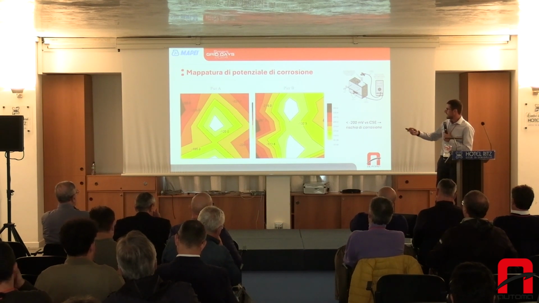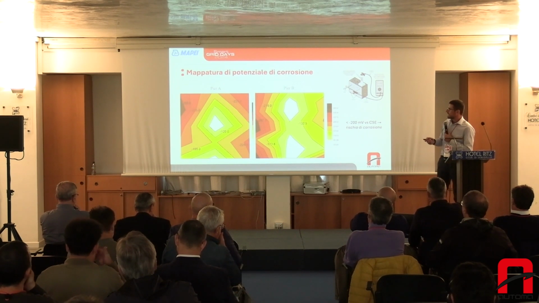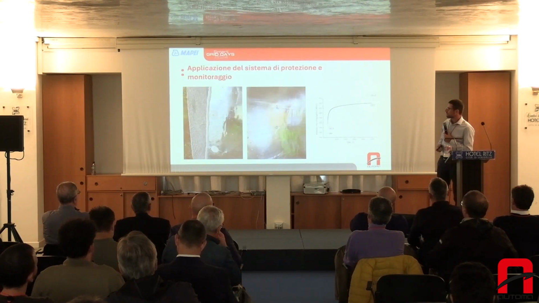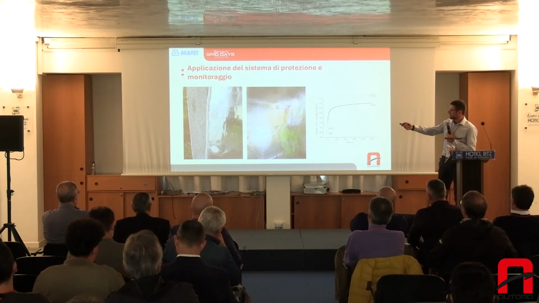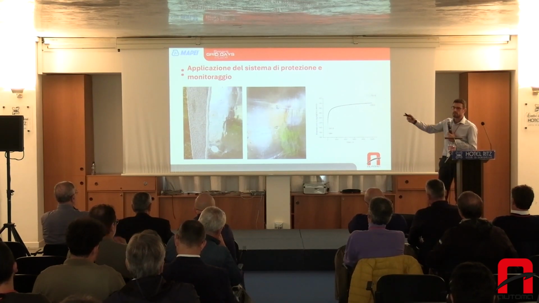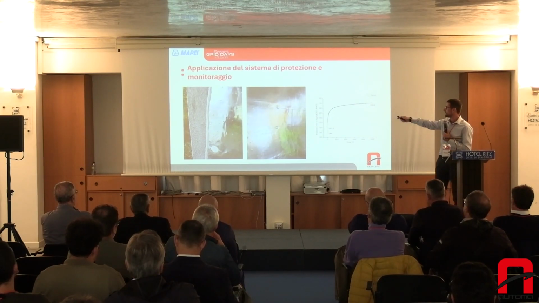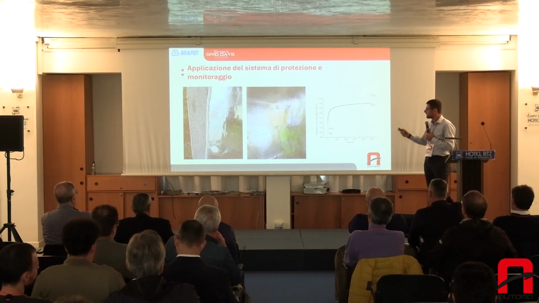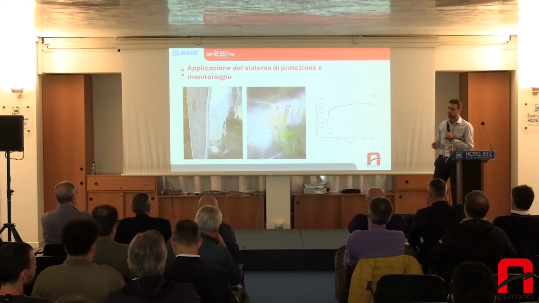Here you see its potential mapping, corrosion potential mapping, to identify the areas that are more exposed to corrosion. Here you see other situations in which we applied some fixing elements. Here you see a detail where we applied a sealing product.